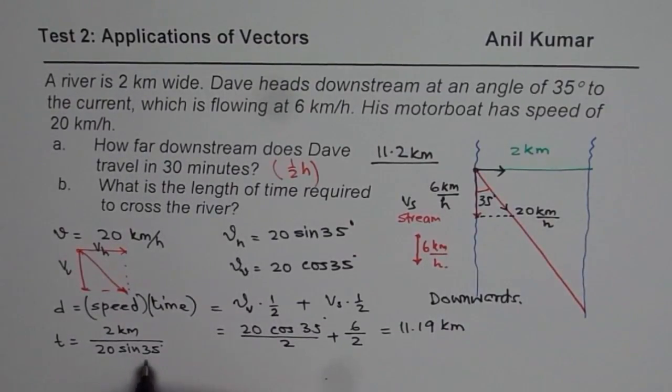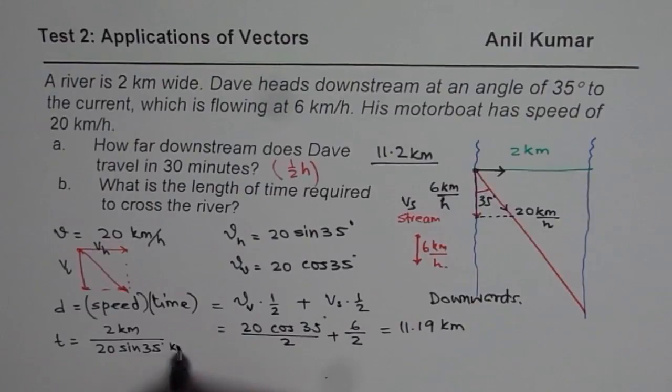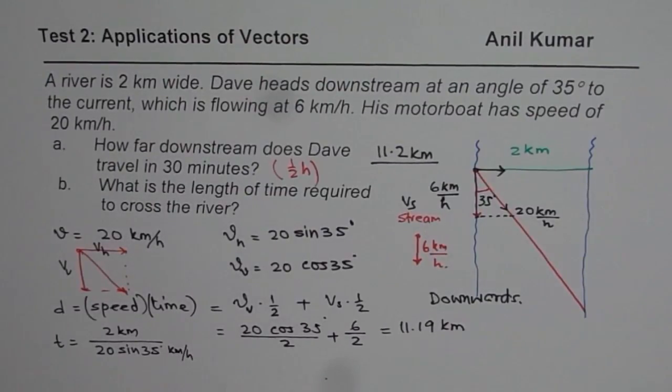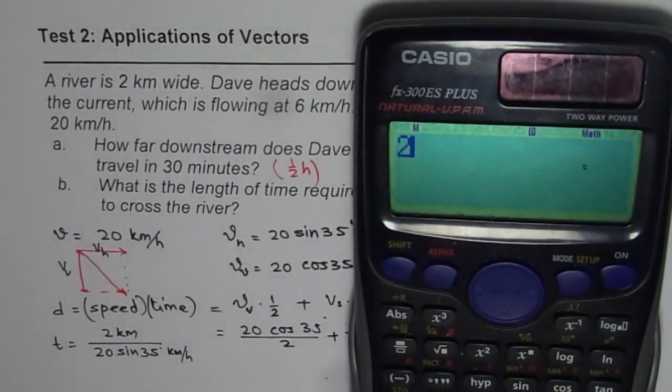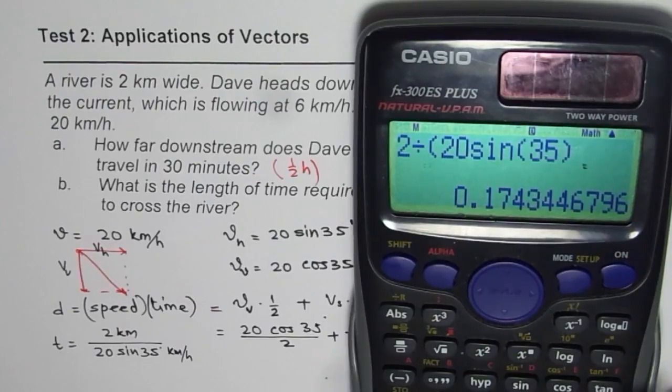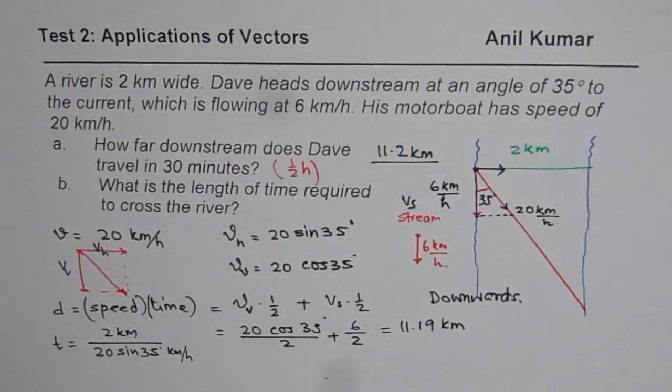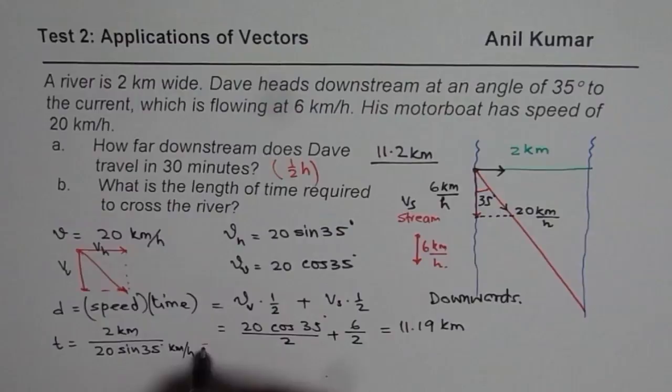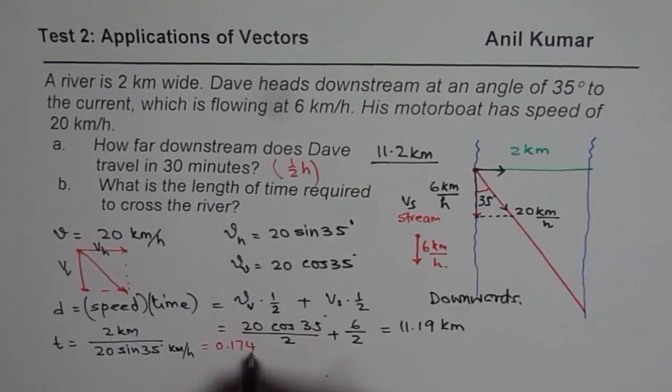That is kilometers per hour, so we get the time in hours. So let's calculate this also. We have 2 divided by, within brackets, 20 sine 35, equal to 0.174 hours.